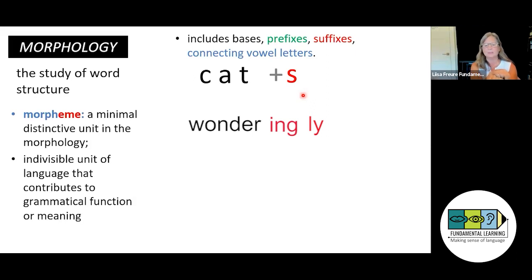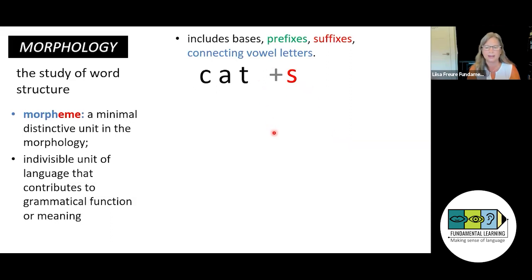The suffix that's in the middle of the word, right? So I just want to teach them that when I have a suffix, I'm going to find a base somewhere before it. So we don't want to say a suffix goes at the end of a word, but a suffix is placed after a base.